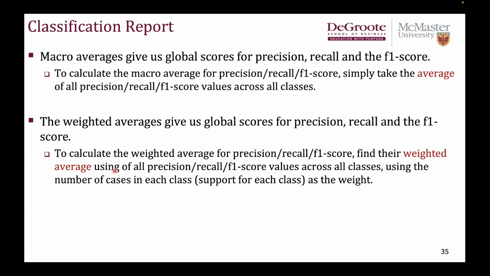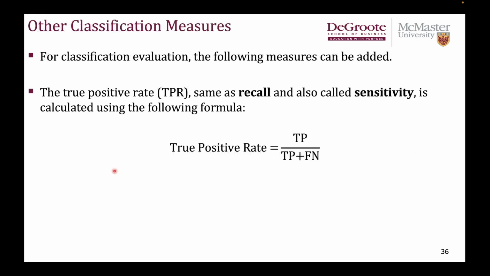Okay, and let me quickly mention some other metrics that didn't show up in the classification report or the confusion matrix. One thing is the true positive rate, but this is very intuitive, right? It's the rate of true positive predictions out of the total actually positive outcomes in reality.